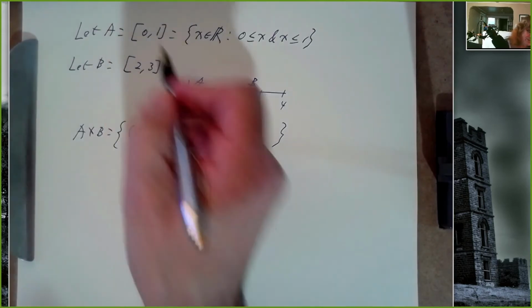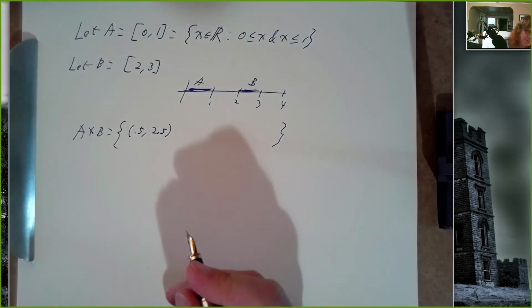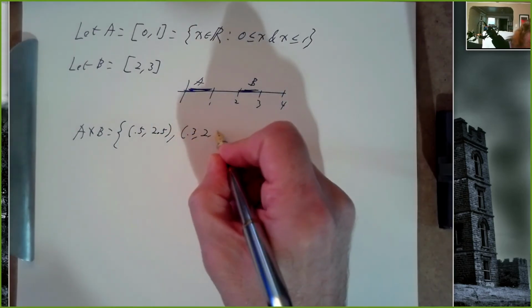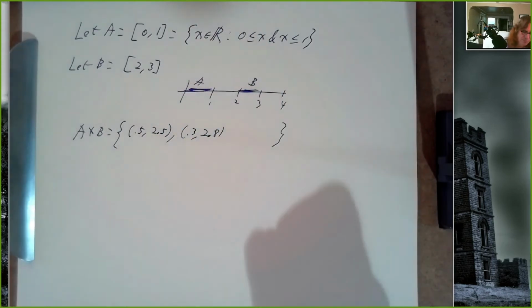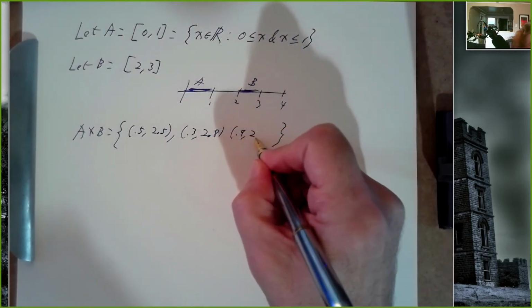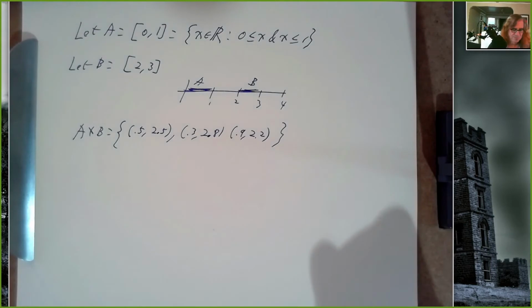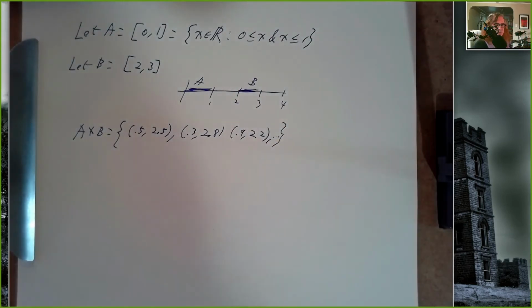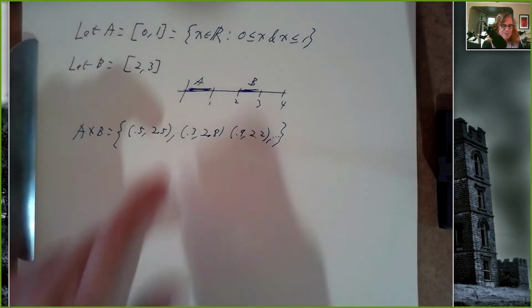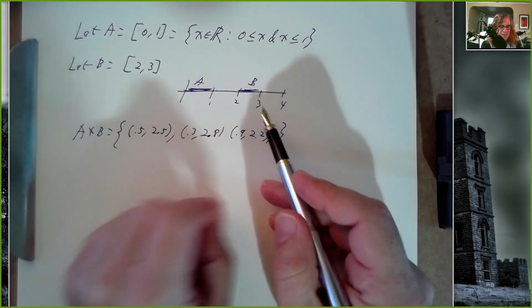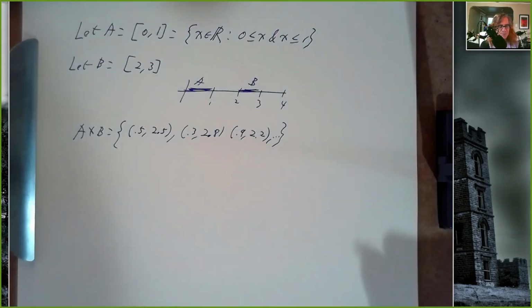Because 0.5 is in A and 2.5 is in B. I could have the number 0.3 and 2.8. I could have the number 0.9 and 2.2. There's a lot of ordered pairs I can pick from. Because there's an infinite number of things in A and an infinite number of things in B, I'm going to have an infinite number of ordered pairs.